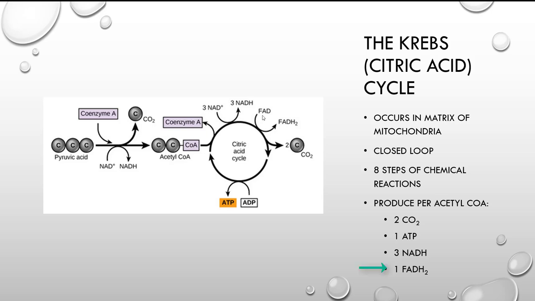We get another electron carrier, okay, so FAD is the oxidized form, and then when it obtains the electrons from these chemical reactions, the reduced form is FADH2. So that's a couple more electrons added to that, okay.